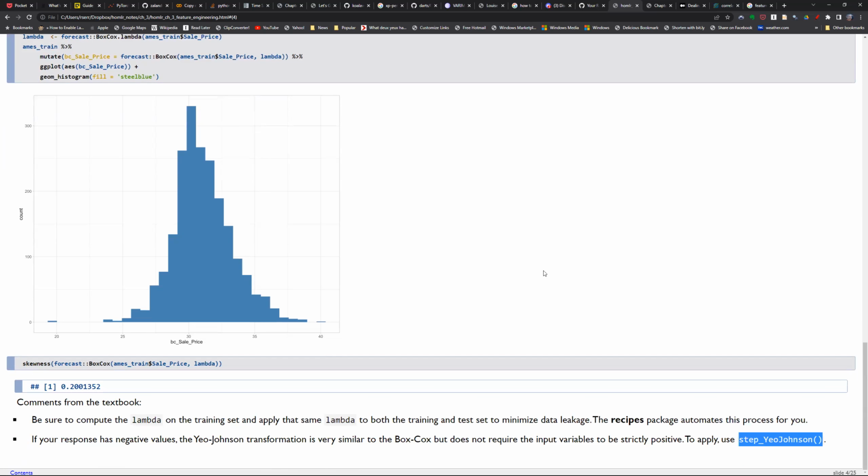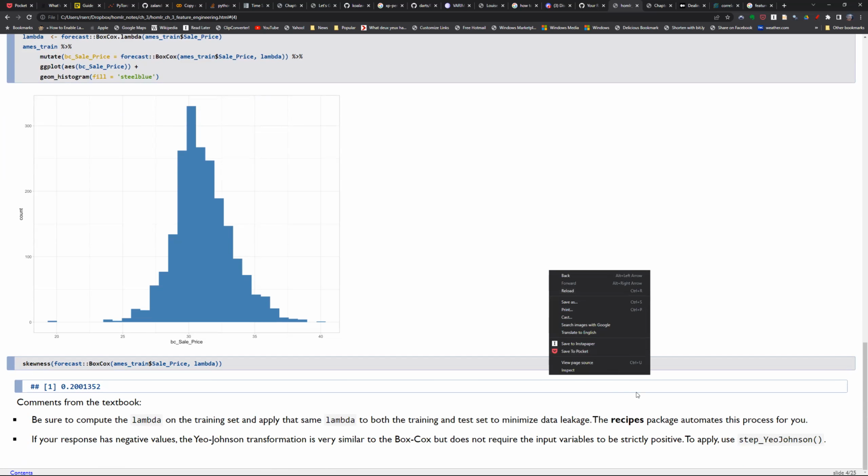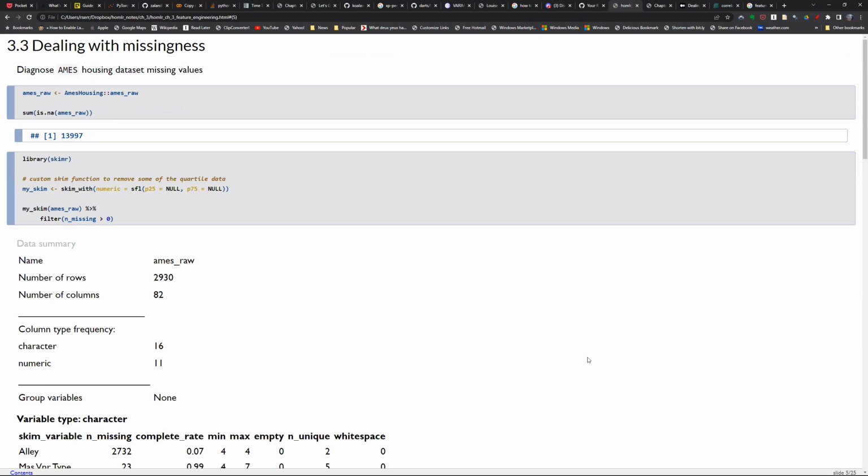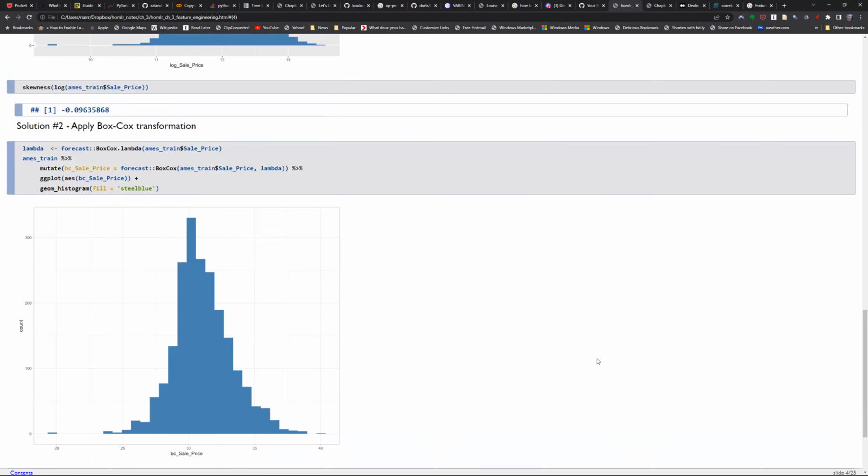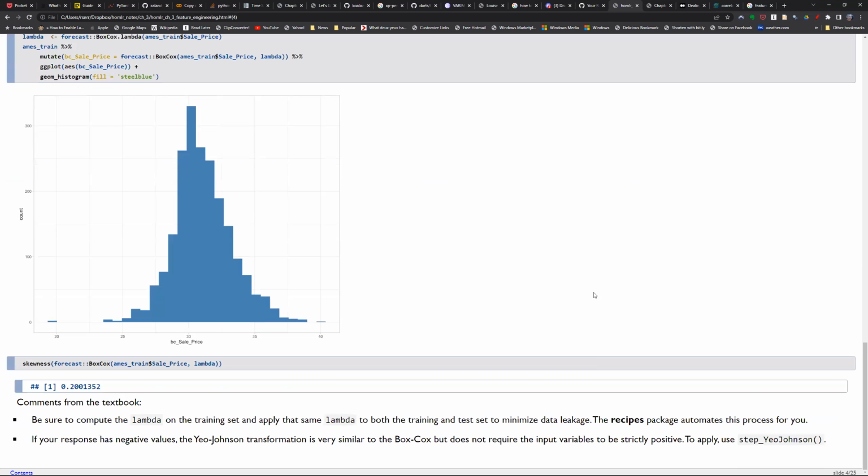Yeah. Also, maybe I would like to point out that other than the log and Box-Cox transformation, in the regression model there are also alternatives, like trying the square root.